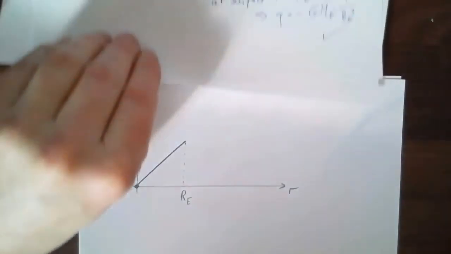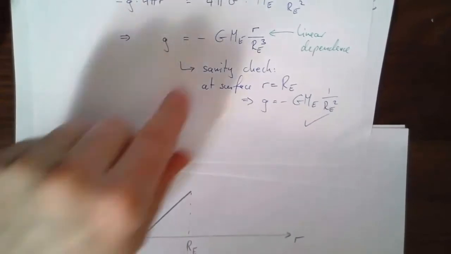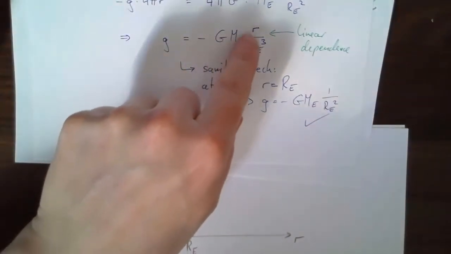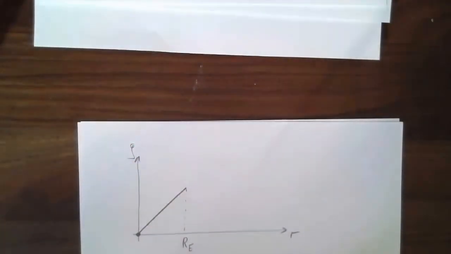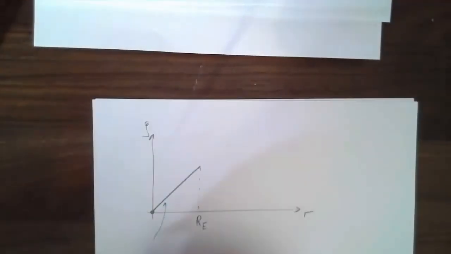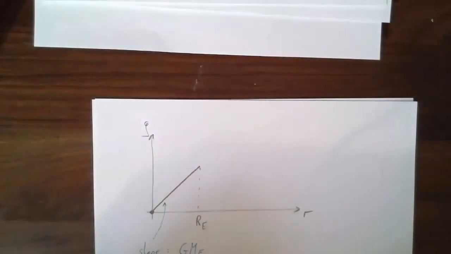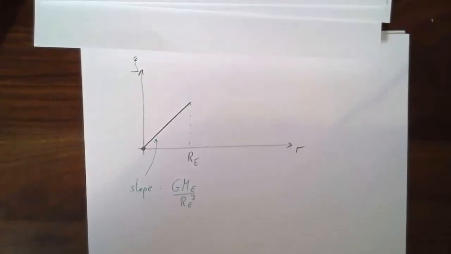And here, let me just show this to you, the slope is G M_E times 1 over r Earth cubed, G M_E over r Earth cubed. Oops, you can't see this, too far down, there you go.